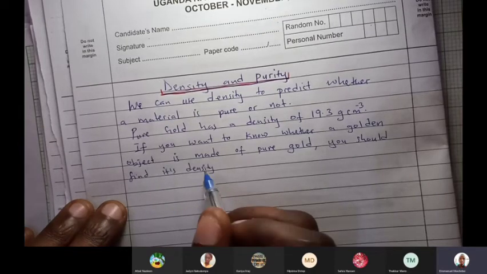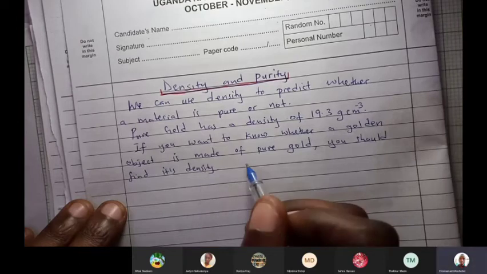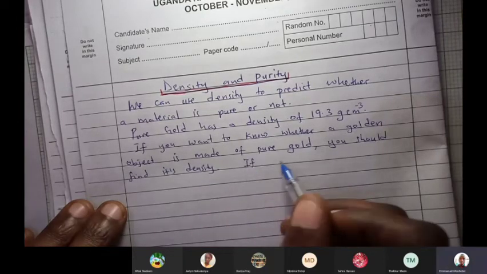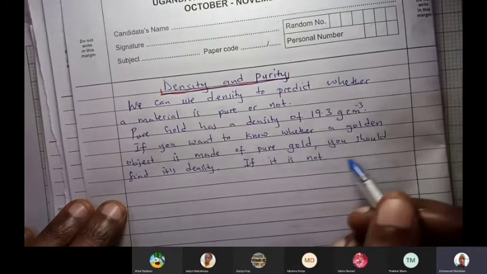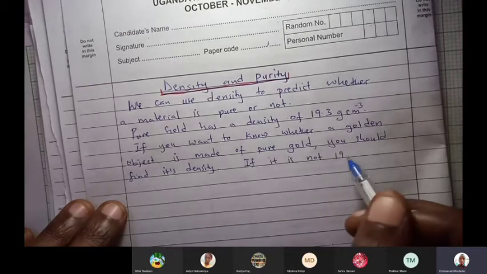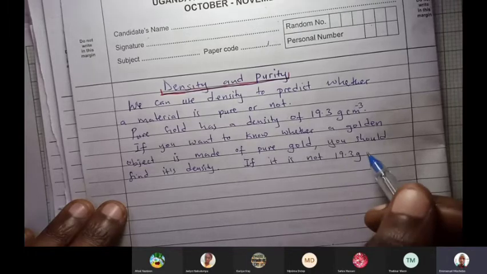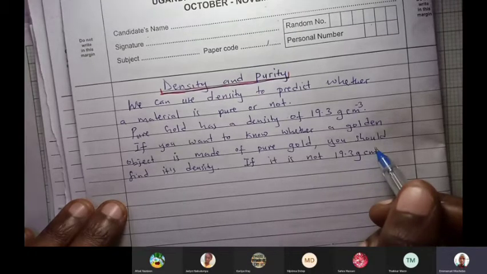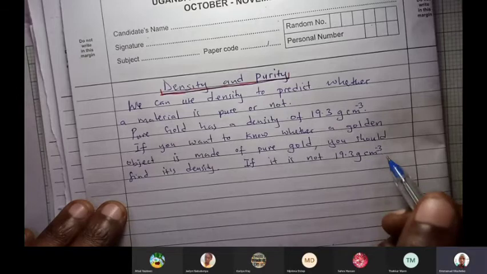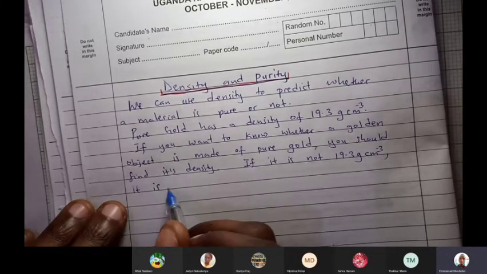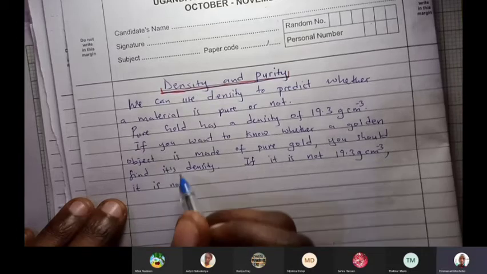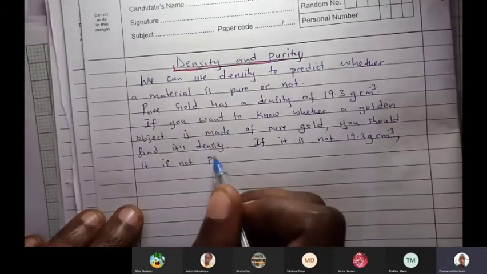Full stop. Okay, if it is not 19.3 grams per cubic centimeter, it is not pure gold.